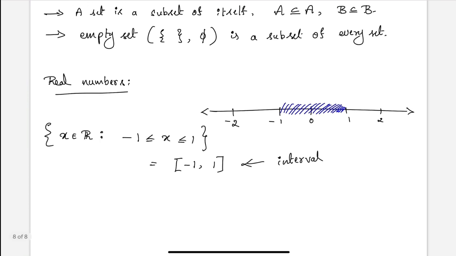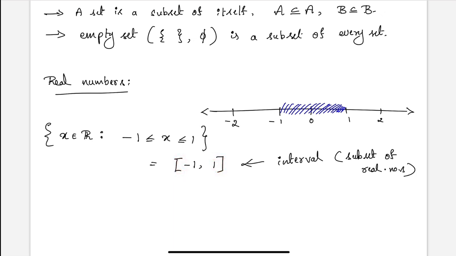Okay. Interval means this is a subset of real numbers. So this set is basically denoting the interval -1 to 1. This is called a closed interval because both the endpoints are included.